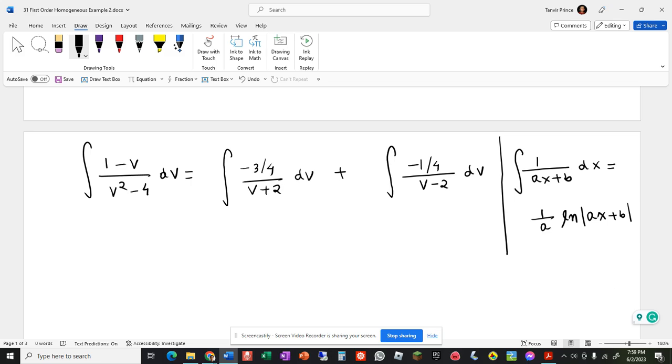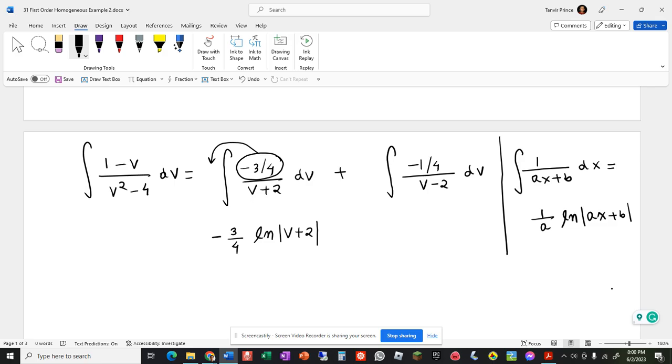And in both of these integrals, a is actually 1, the coefficient of v is 1, which makes things even easier. So let's bring the constant outside the integral, and then the integral of 1 over v plus 2 is ln of v plus 2. In this case, 1 over a is just 1, so I don't need to write it down.